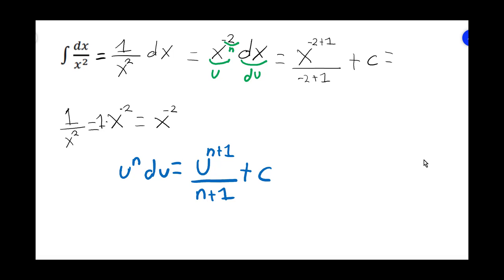Let me put it over here to make it cleaner for you. This is going to be x to the minus 2 plus 1, which is minus 1, divided by the same result that we got up here, minus 1.